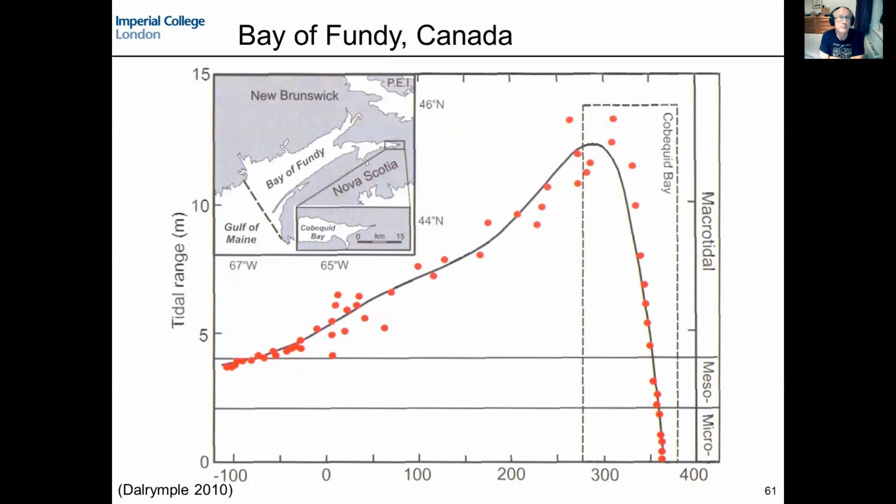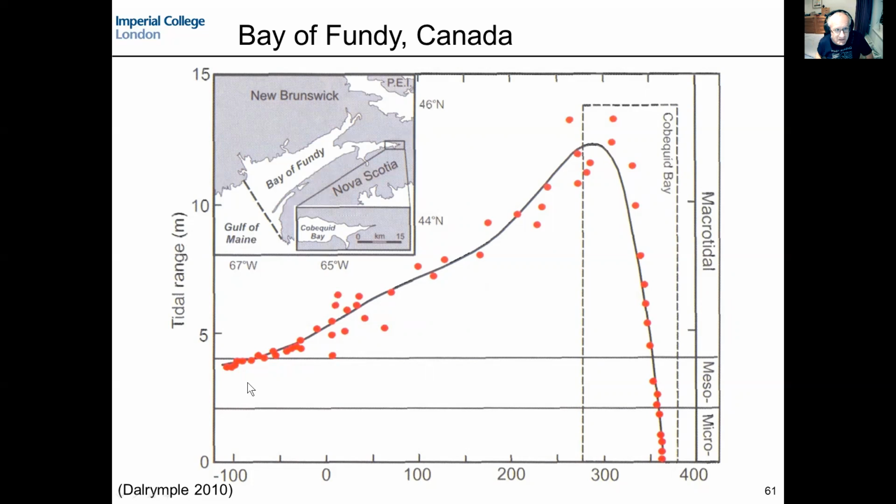Okay, so the place on Earth where that effect is most pronounced is the Bay of Fundy in Canada. And you can see in here that's a big funnel shape. So the tidal wave has to enter here and exit again as part of this circular motion around one of these points.